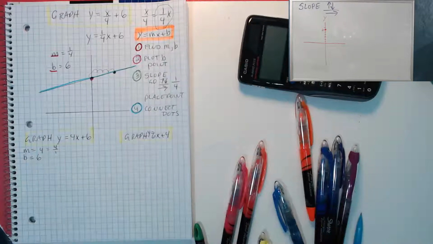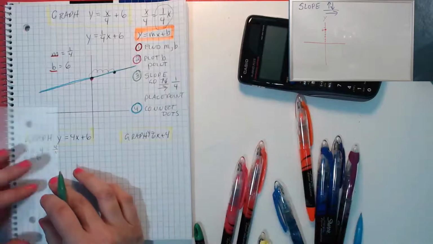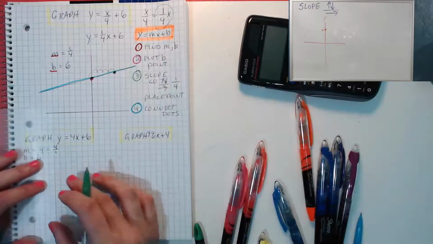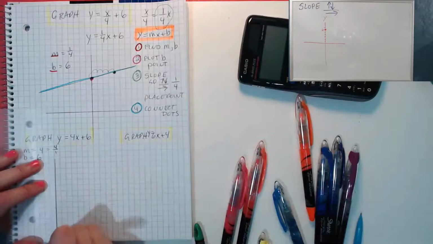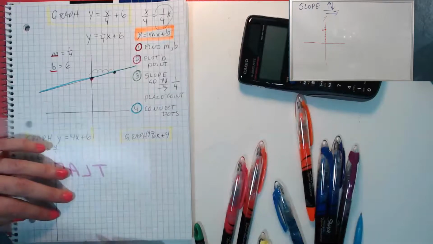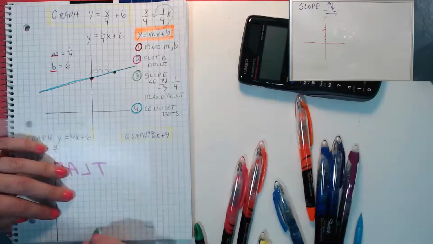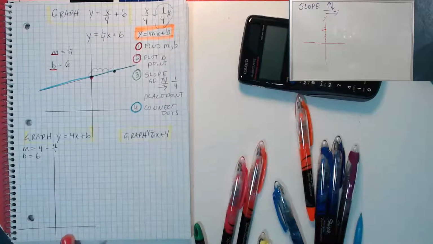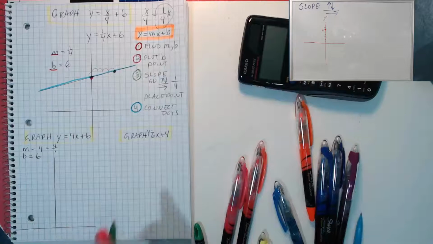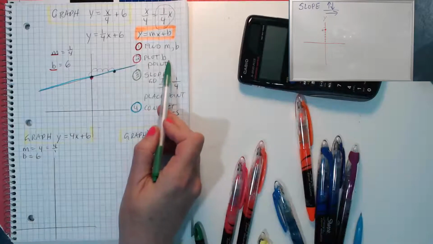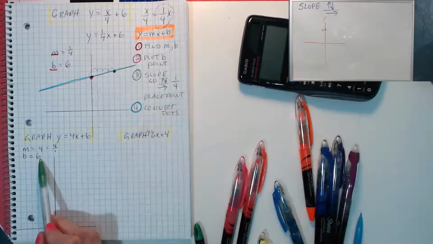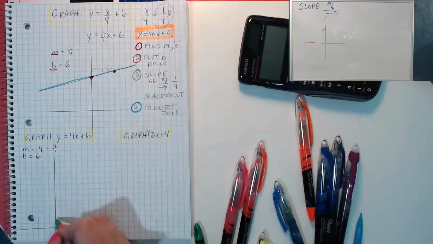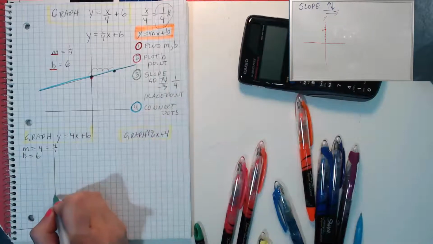This one is really high, so be sure you draw your graph down here at the bottom of the page, because this is all very positive and high. I suggest drawing it like this. Okay. Plot the B point, which is our y-intercept of 6: 1, 2, 3, 4, 5, 6.